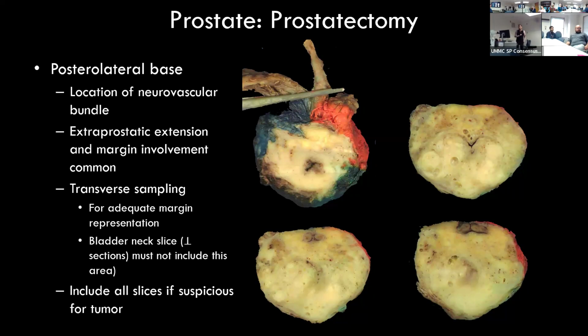Okay, another important thing to note here is when you are taking the bladder neck section and then making a perpendicular section out of it, make sure you don't go too deep to include the posterolateral neurovascular bundle area, okay?